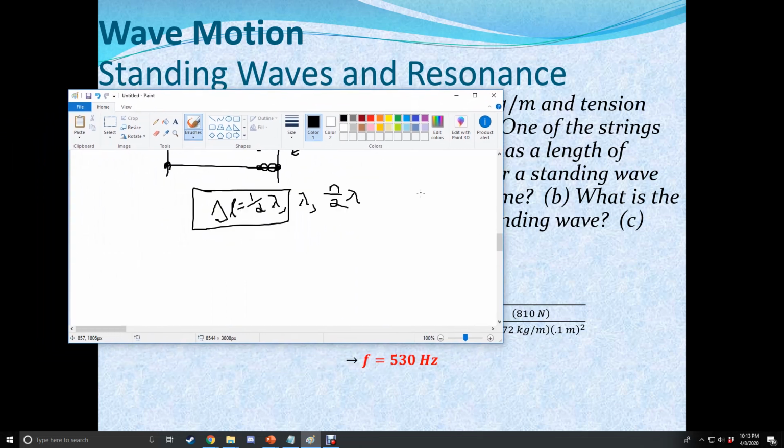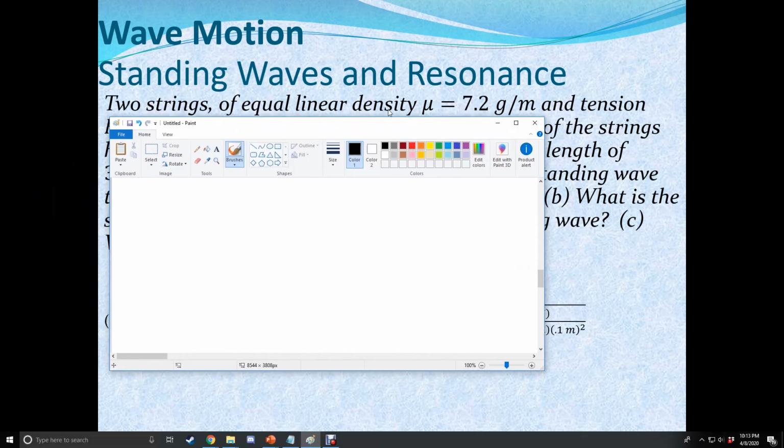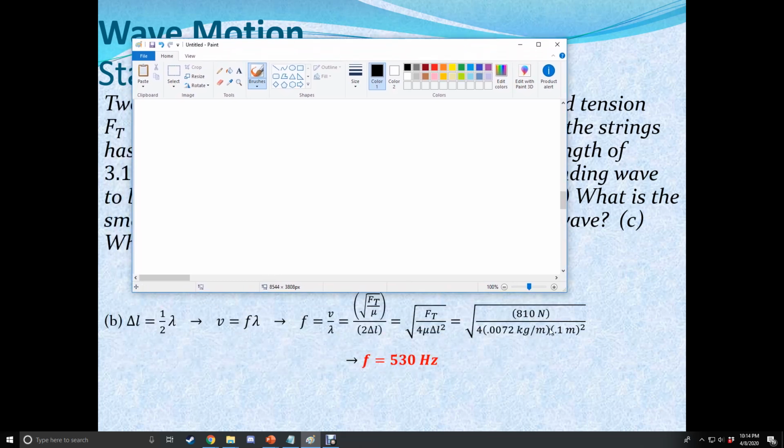Now, really quickly, if you didn't see this, it doesn't mean that that's the only way to do it. There actually is another brute force way of doing this. Basically, what you could have done is use this same equation, but plug in the actual lengths of the strings to get their fundamental frequencies.